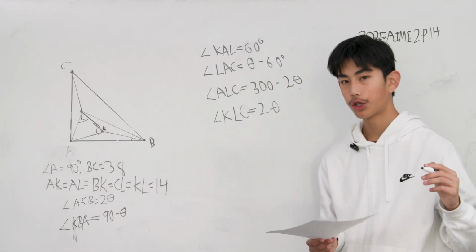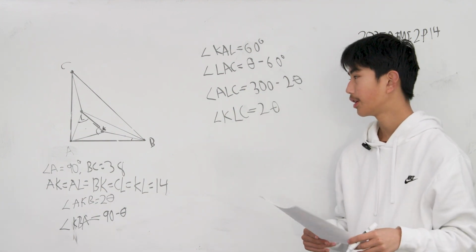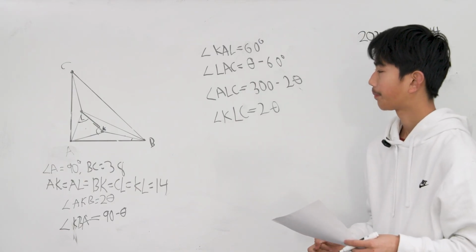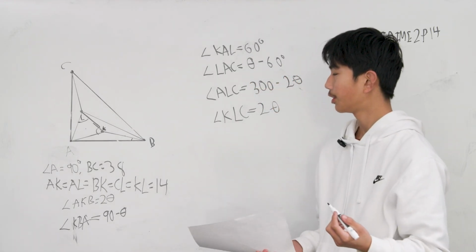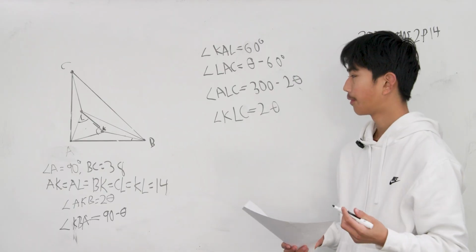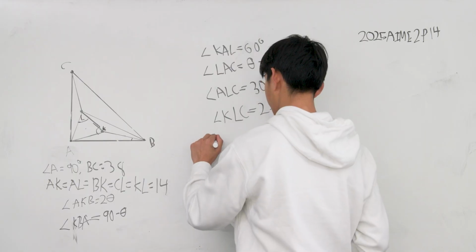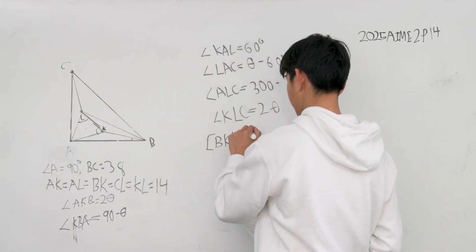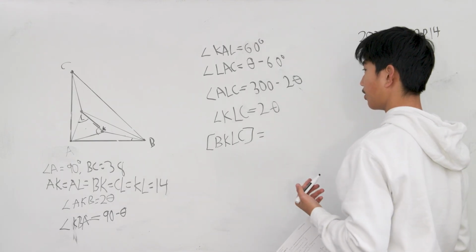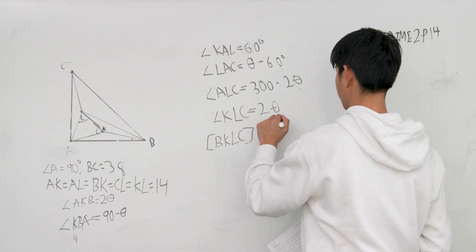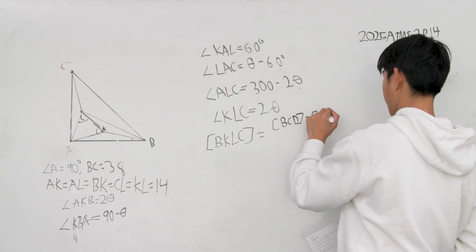We know that the 3 smaller quadrilaterals are each equal to the area of BKLC. So we've basically just formed a larger shape to deal with. We know that for the area of BKLC, we have to see that this is the whole area of the new triangle BCD, and then you subtract the inner triangle KAL.